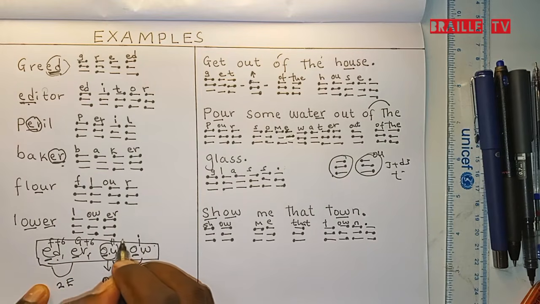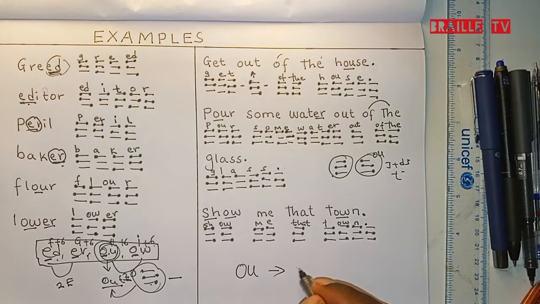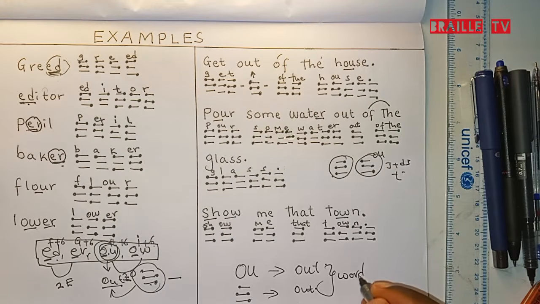And again, it's only OU that has a word sign, out. When it is standalone, OU is written as H plus dot 6. So this one standalone means the word out, and it is a word sign. I think it's clear.